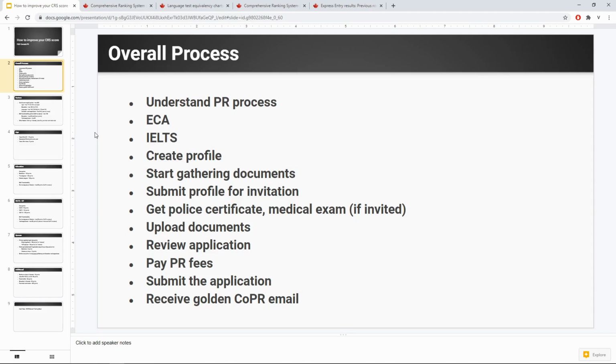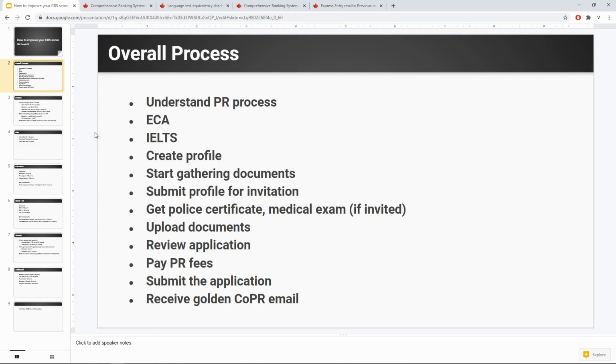After that, you will create your profile, you will start gathering documents, you will submit your profile for invitation, and if you get invited, then you will start collecting other important documents like police certificate and medical exam document. Then you will upload those documents, review application, pay PR fees, and you will submit the application.